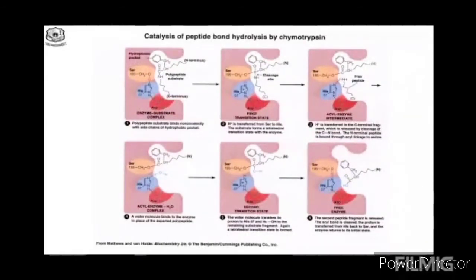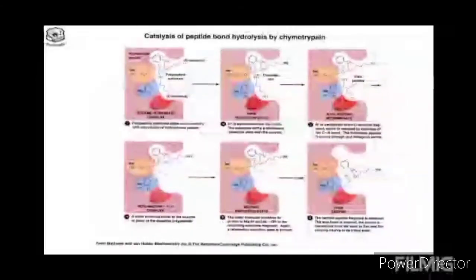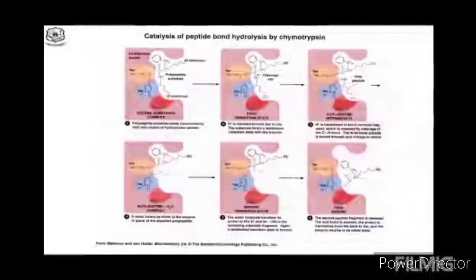The close proximity of histidine and aspartate makes the proton of serine more acidic, and it is transferred from serine to histidine, and the substrate forms a tetrahedral transition state with the enzyme. Then the H+ is transferred to the C-terminal fragment, which is released by the cleavage of the carbon-nitrogen bond. The N-terminal peptide is bound through acyl linkage to the serine.